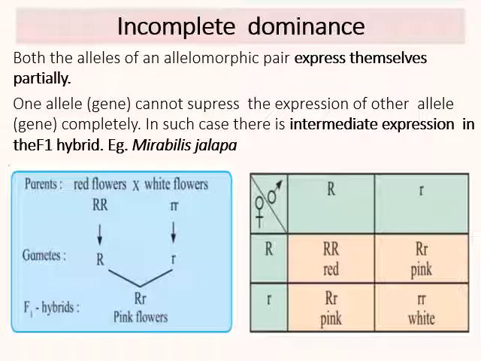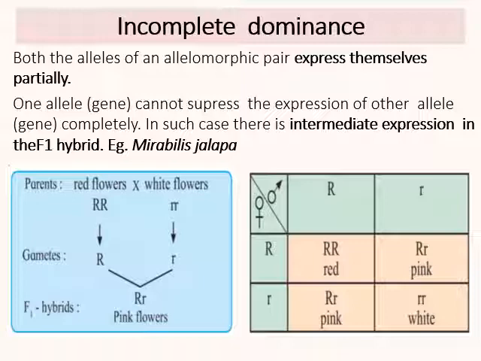Example is incomplete dominance and codominance. It also occurs between multiple alleles of a series. While intergenic or non-allelic interaction occurs between the alleles of different genes present on the same or different chromosomes. Example, pleiotropy, polygenes, etc.